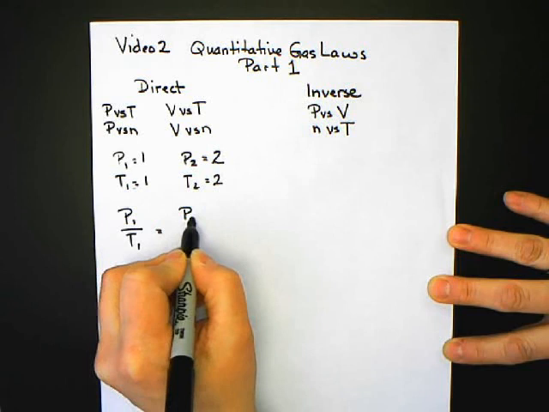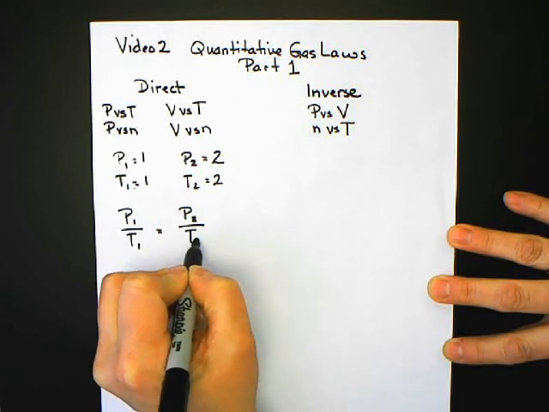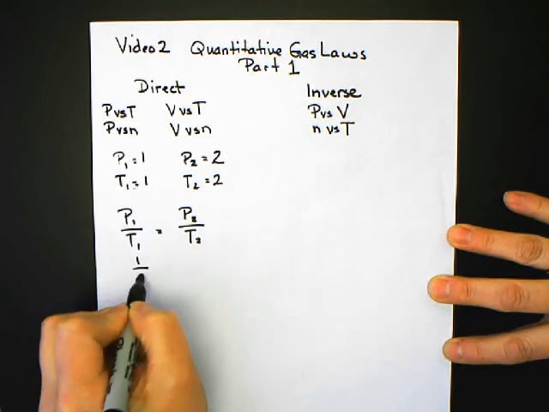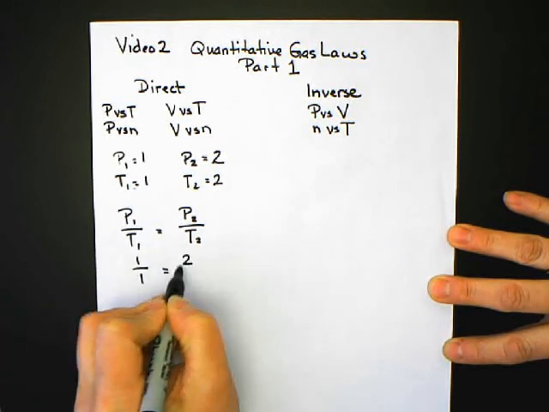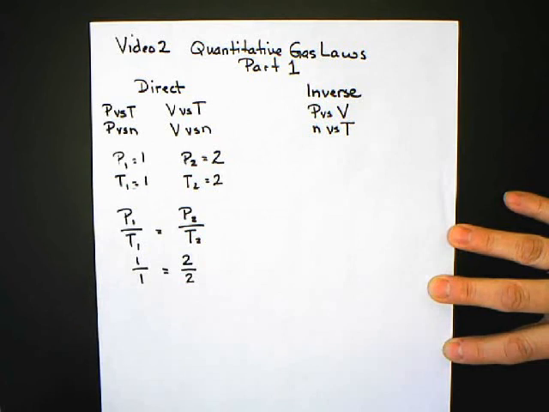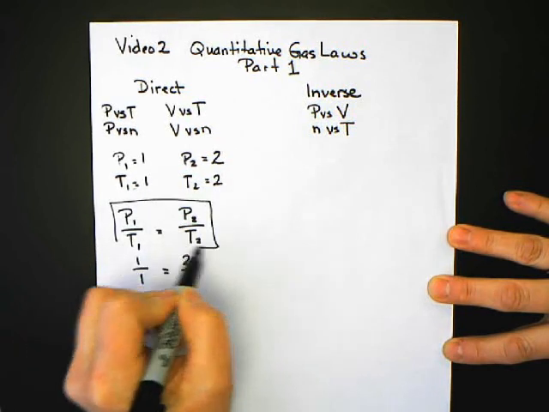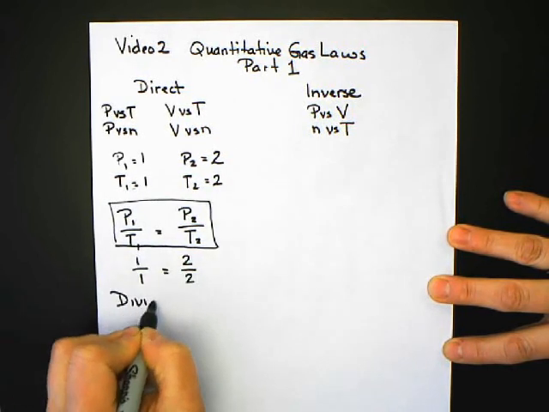And if you think about it, 1 divided by 1, we can put the variables in there, is equal to 2 divided by 2. And that's a true relationship. So this idea of dividing whenever you have a direct relationship is always going to be a true representation.